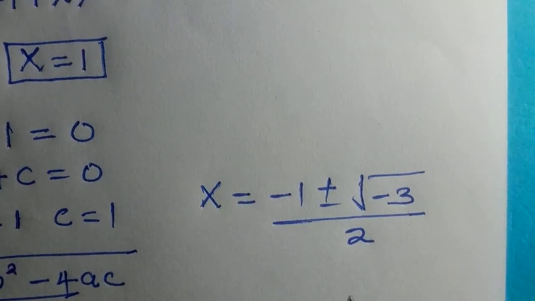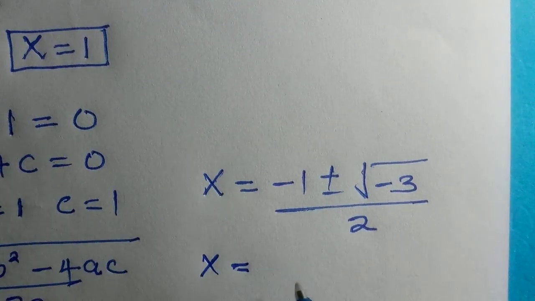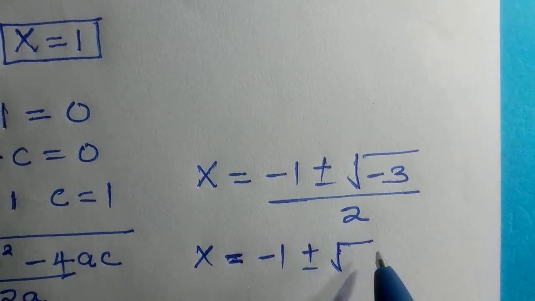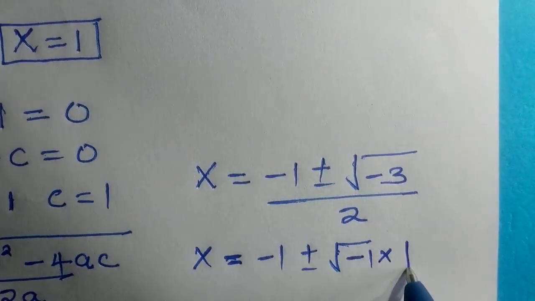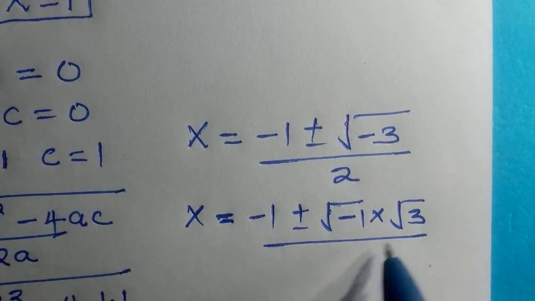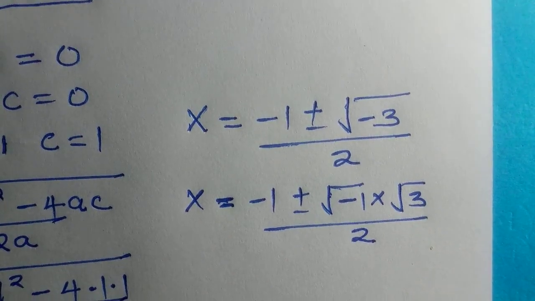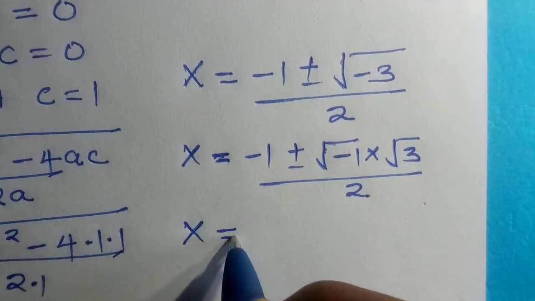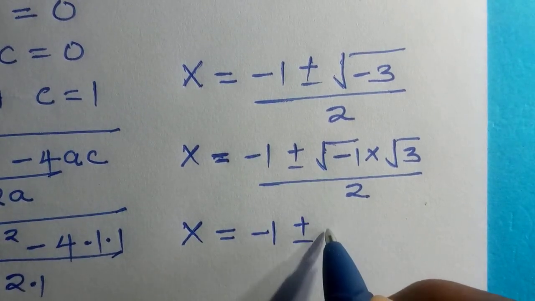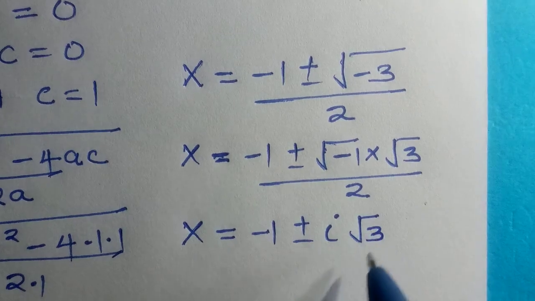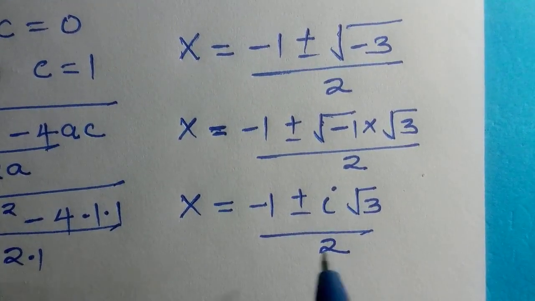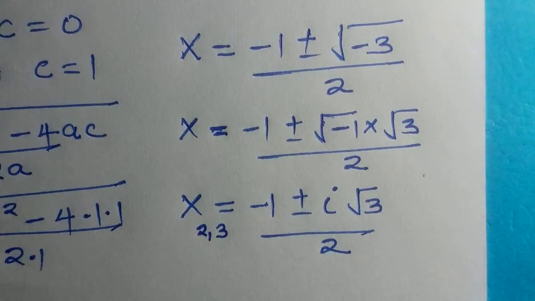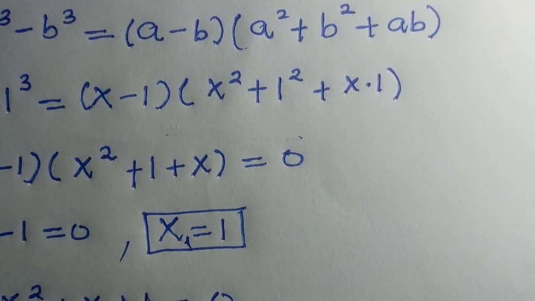Since we have a negative in a root, we consider this as x equals minus 1 plus or minus the square root of minus 1 multiplied by the square root of 3, divided by 2. But the square root of minus 1 is given as i or j. So we have x equals minus 1 plus or minus i root 3, divided by 2. This gives the other solutions, x2 and x3, and here is our x1.